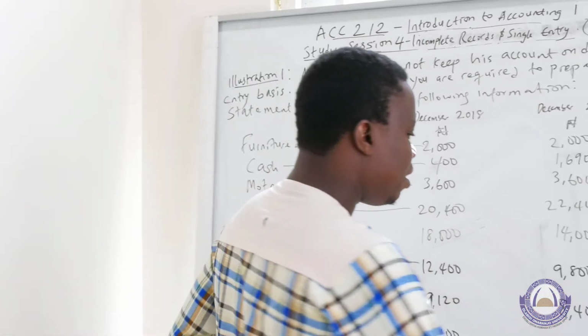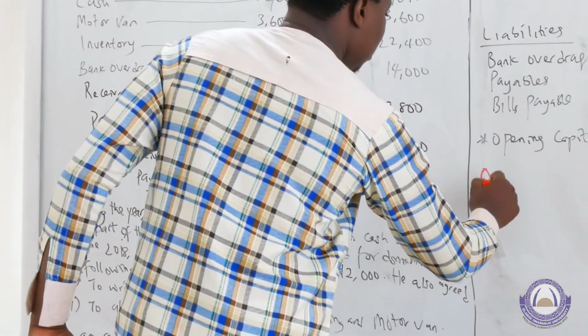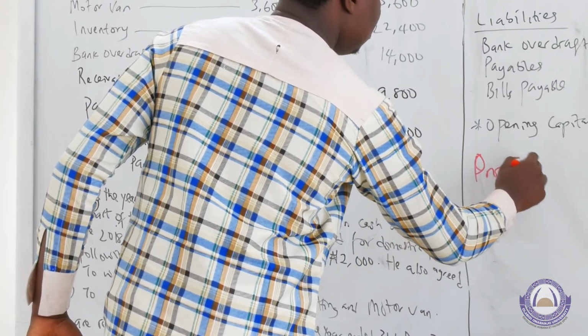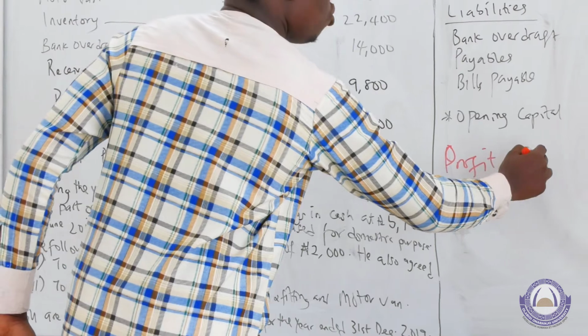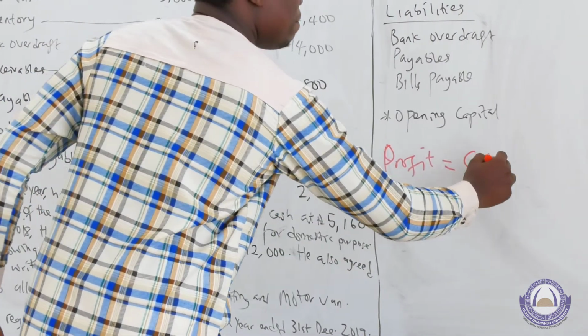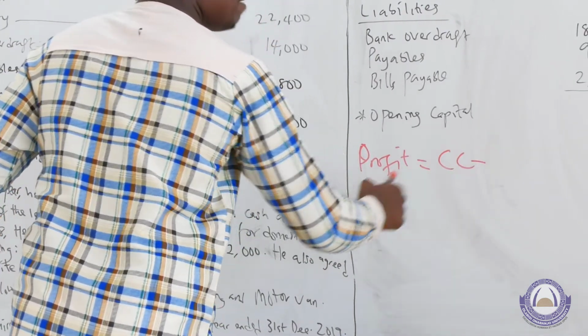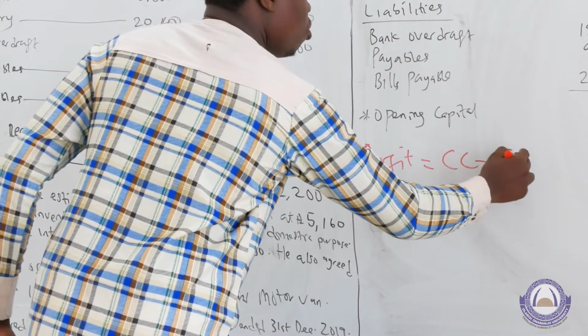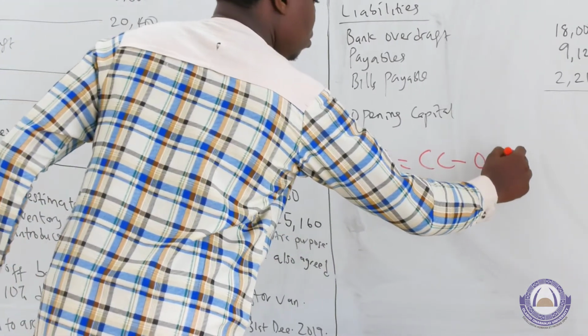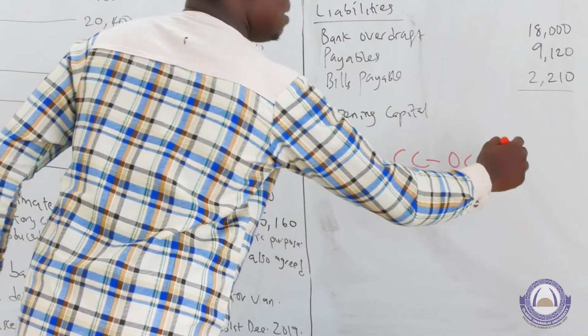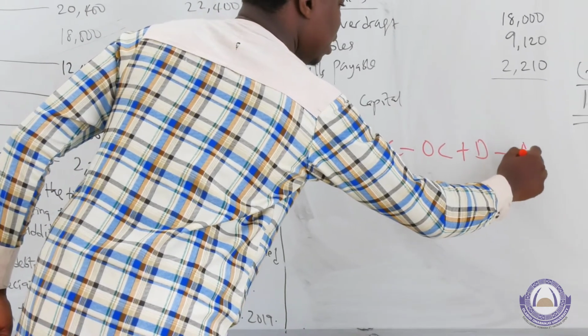For emphasis sake, profit in a single entry system is usually arrived at as closing capital minus opening capital plus drawings minus additional capital.